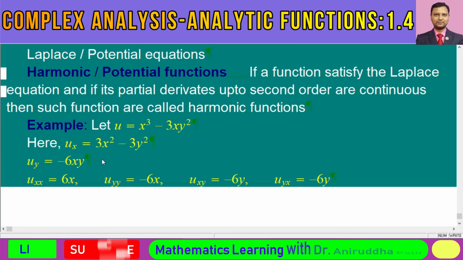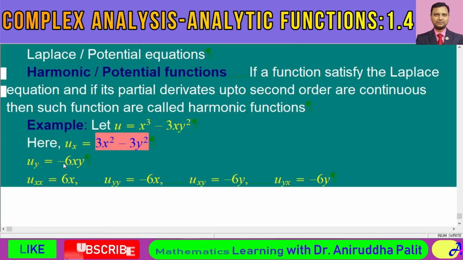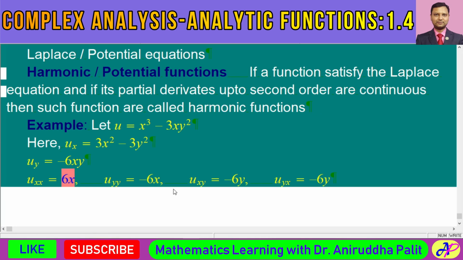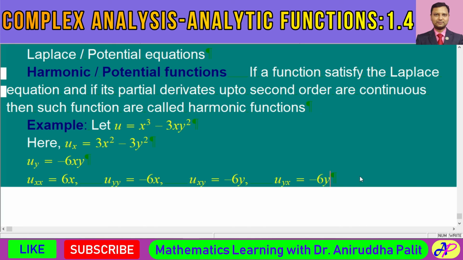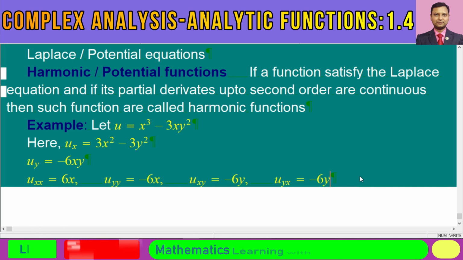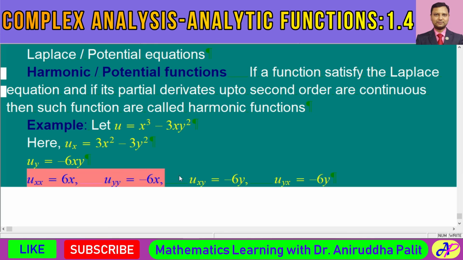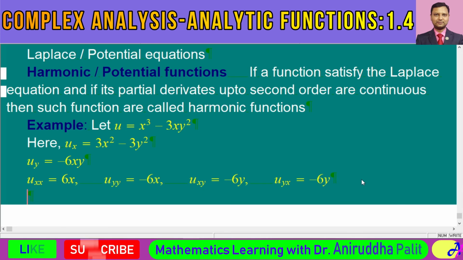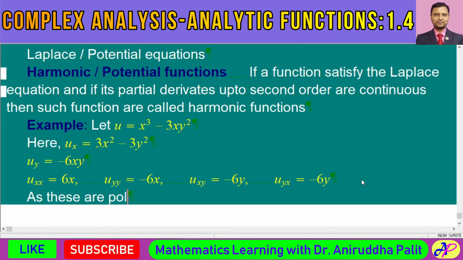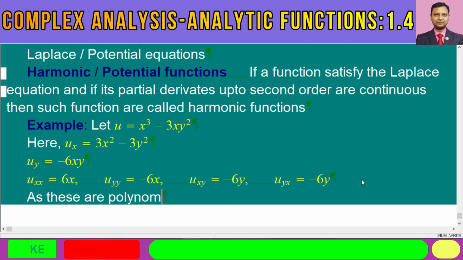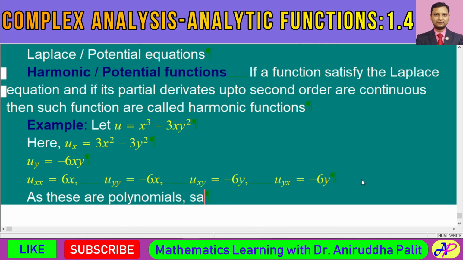Here you see all these partial derivatives up to second order are nothing but polynomial-like quantities. We know that a polynomial is a continuous function. So, as these are polynomials, all of them are continuous functions.